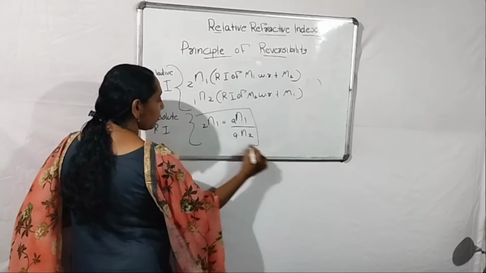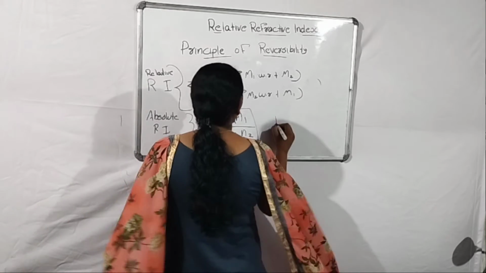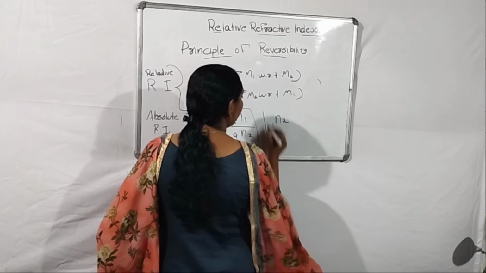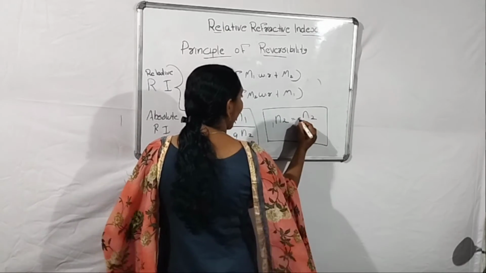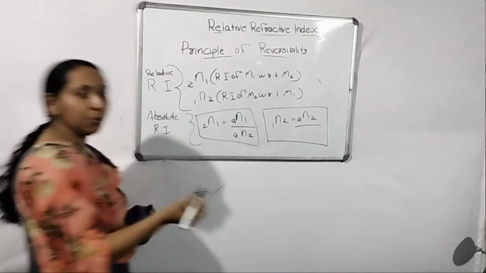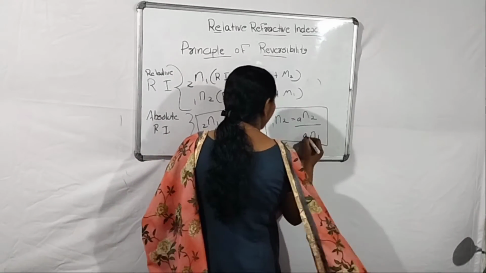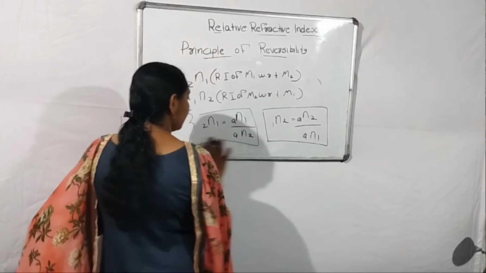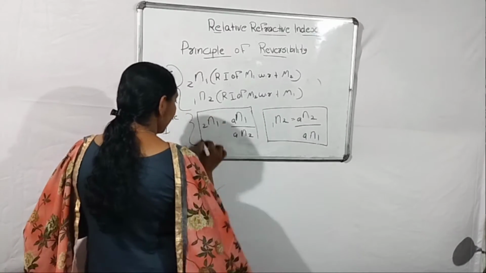This is the absolute refractive index form of n12. Similarly, n21. What is the absolute refractive index form of n21? n2a, the refractive index of medium 2 with respect to air, divided by the refractive index of medium 1 with respect to air. So after this step, I think you can understand well.